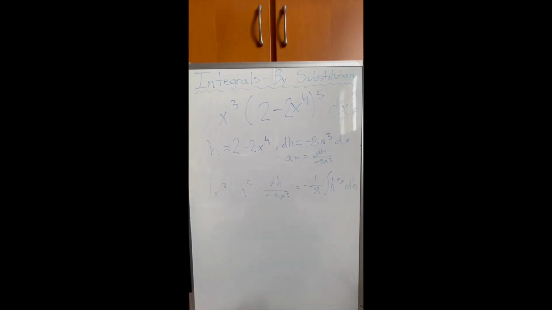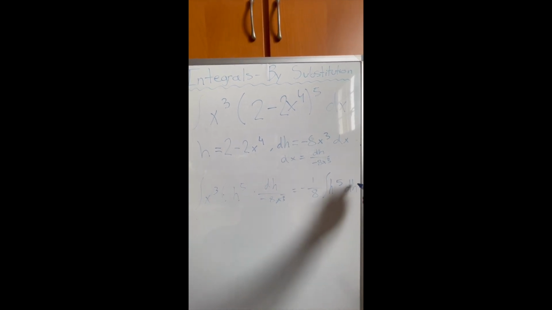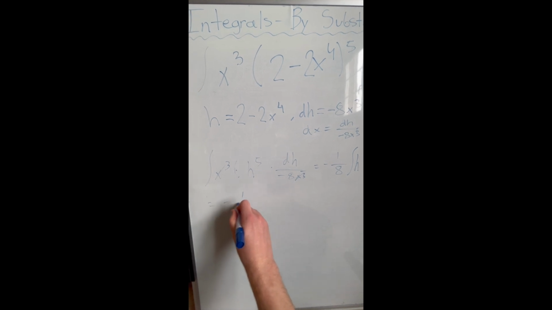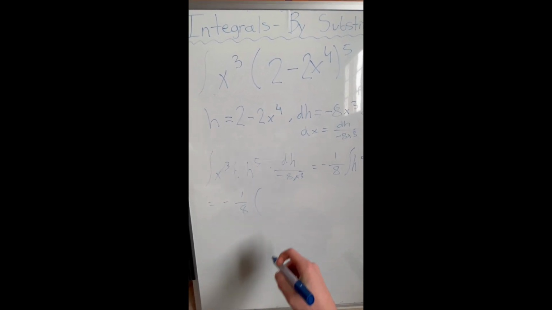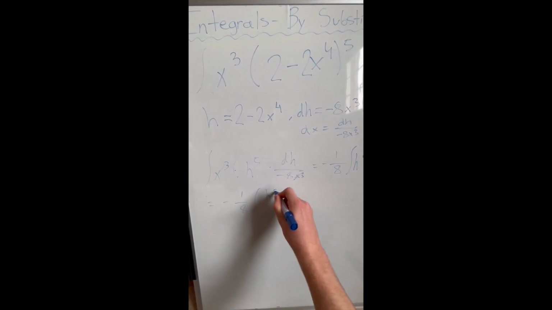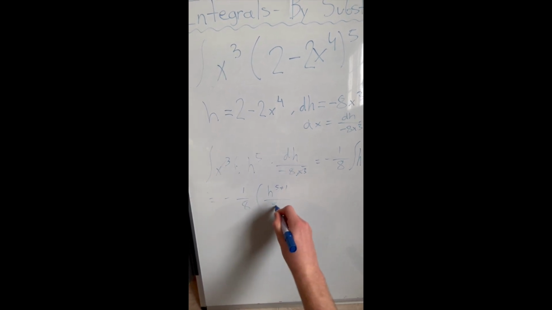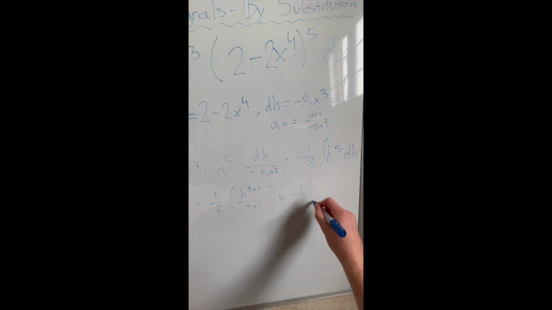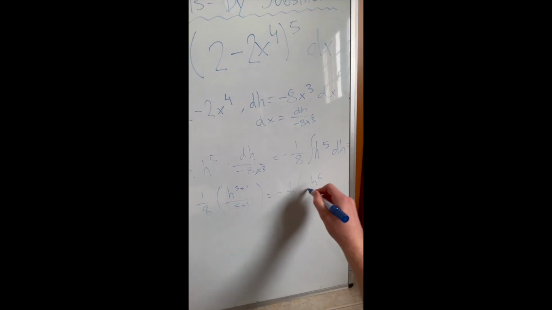This is like what we have with x to the power of n, so we just solve this by minus 1/8 times h to the power of 5 plus 1 divided by 5 plus 1. This is minus 1/8 times h to the power of 6 over 6.